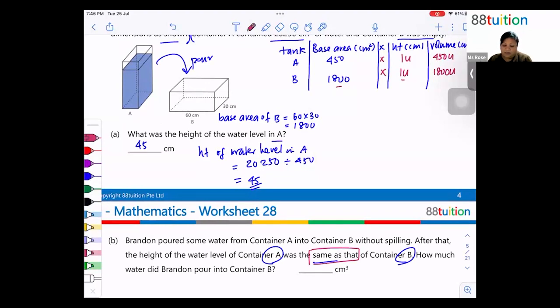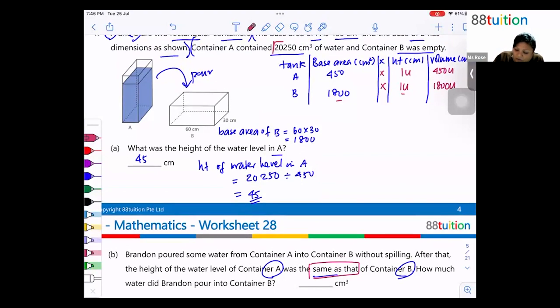So how much water did Brandon pour into B? Take note, the amount of water did not change, right? Because the water from A is entering B. So the total amount of water is the same before and after. With that, if I take the base area times height for tank A and the base area of B times height, it will give me the volume.